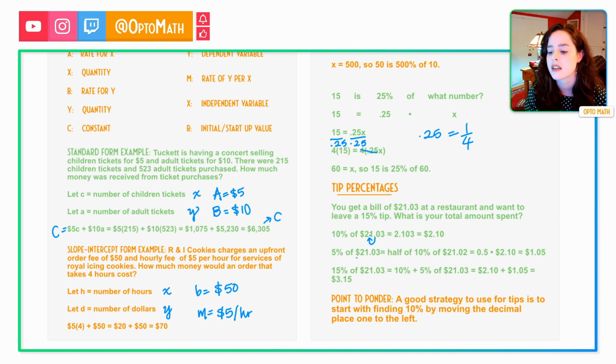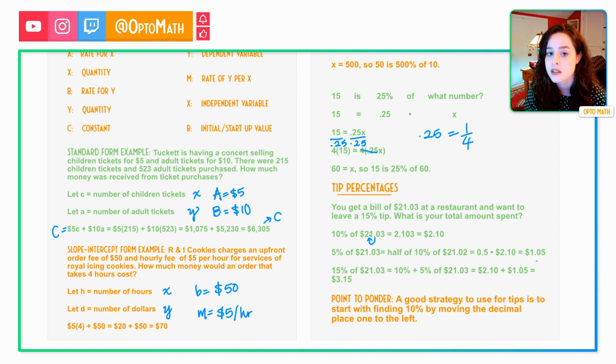So 5% of $21.03, well, that's just half of whatever your 10% is. So see how we're banking it off of the 10%? We're still working with that since it's super easy to do 10%. And 5 is half of 10, right? So you can do 5% as half of 10%. So I just looked at whatever my 10% was, which was $2.10, and then took half of it, which is $1.05.